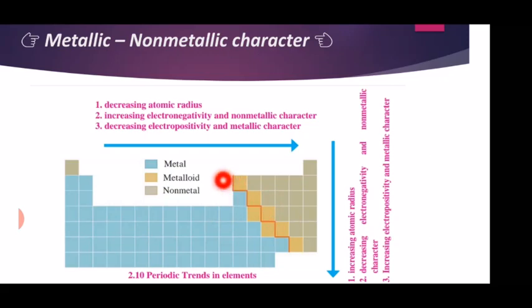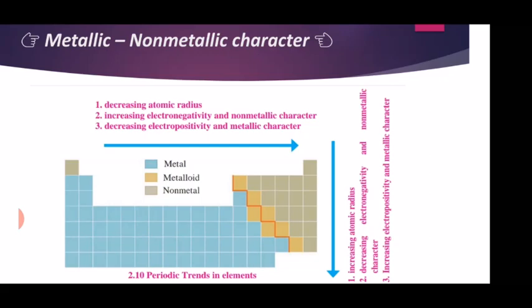That is the metalloids. Very clearly I explain, this zigzag line shows the metalloids. The elements on the left hand side are metals, given in blue color. Now come to the right hand side, what am I showing? Non-metals. So this is regarding the periodic trends in the elements.